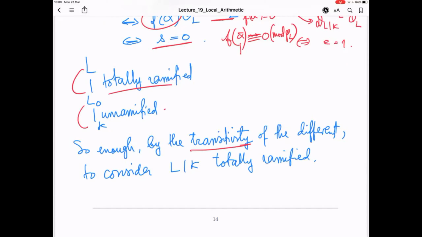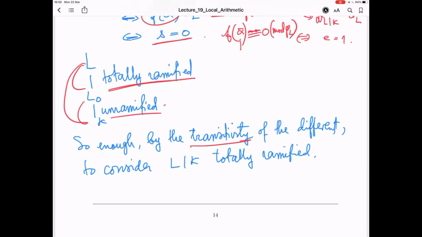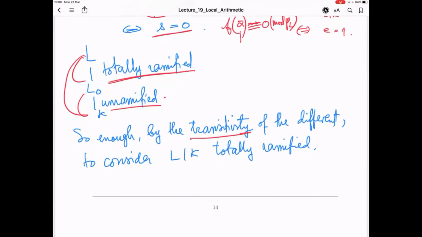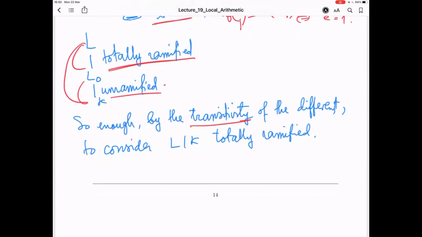But if from these two cases you can recover the general case, where the ramification index is strictly positive and the residual degree is also strictly positive, that mixed case, if you can reduce it to the totally ramified case and the unramified case, then you of course need to just consider these two cases. And that is possible here because of the transitivity formula for the different.